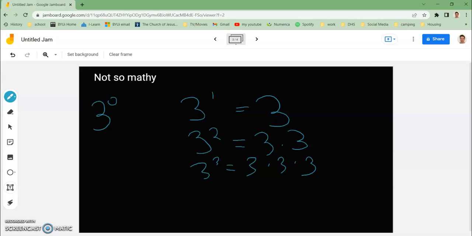So if you notice, whenever we're going up by 1, so whenever we add 1, we're just multiplying this by 3. So times 3. And then you notice right here, again, we're timesing by 3.